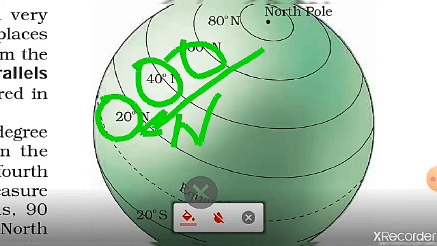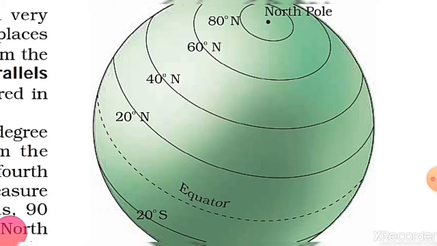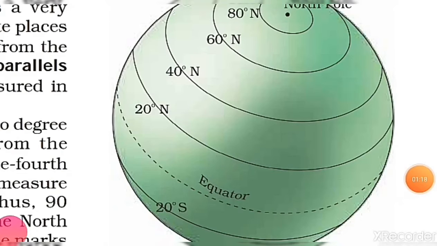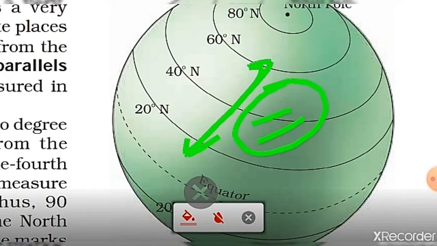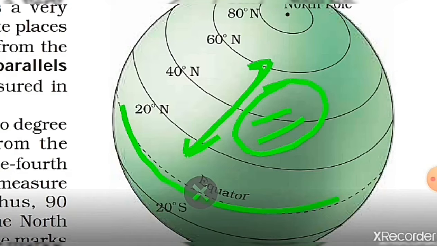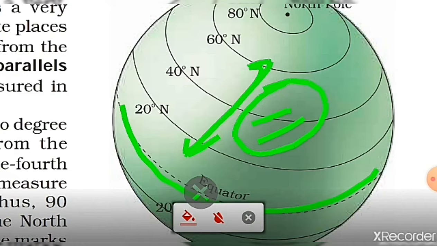Now you have to understand what a degree is. All differences between the circles are equal. That's why the equator divides the globe into two parts and both sides are equal.